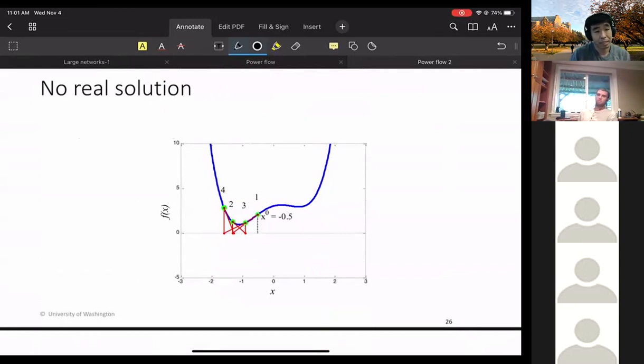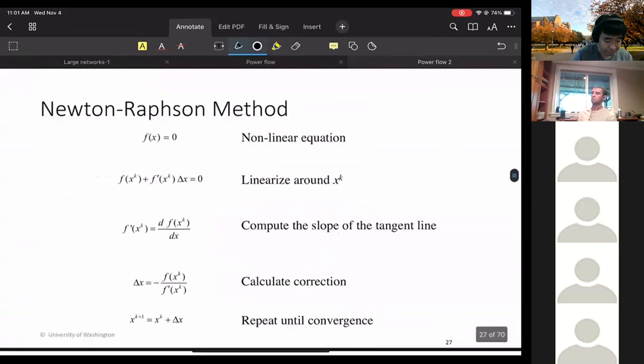So Newton-Raphson basically comes down to this. It's an easy algorithm to implement, to write down. If it works, it will work pretty well. If it converges, it will converge pretty quickly. So it has a good convergence property whenever it converges. Whenever it doesn't converge, who knows what happens.